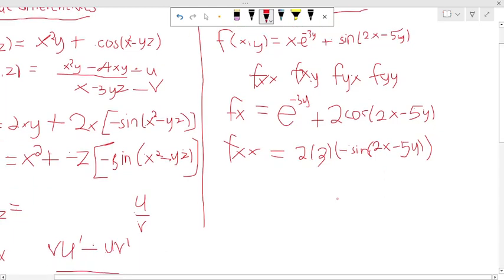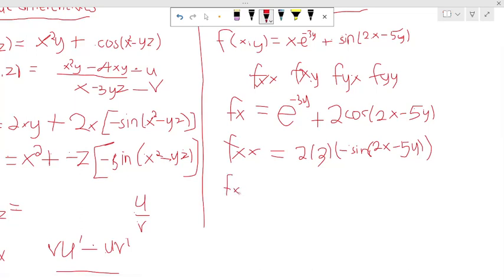Now we are transferring this same idea by differentiating the first derivative with respect to y. If we differentiate e to the power negative 3y with respect to y, because the function is in terms of y, we are going to get negative 3e exponent negative 3y.